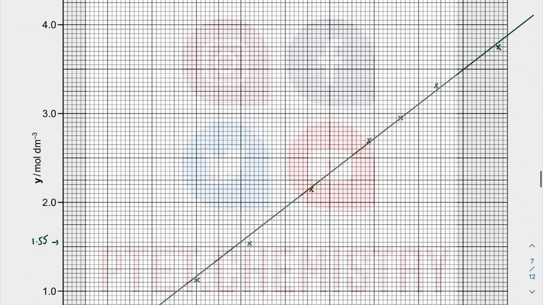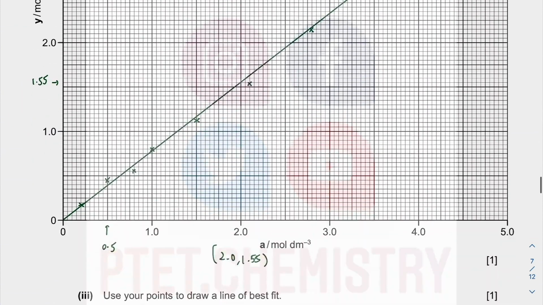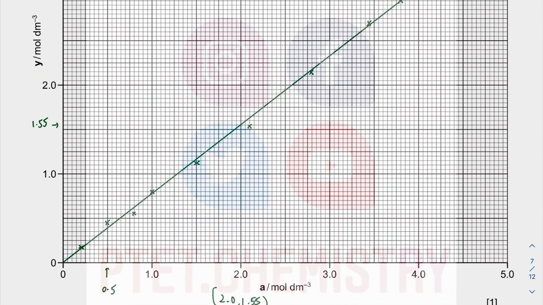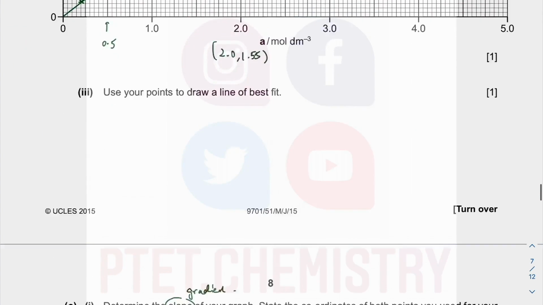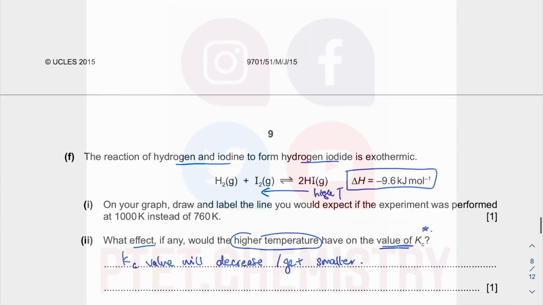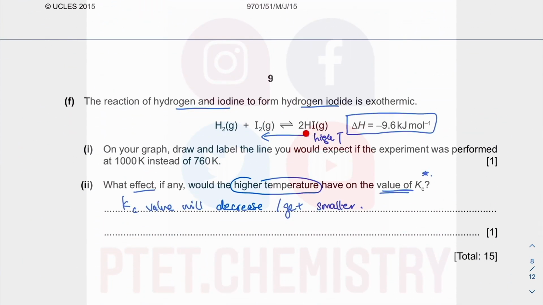So this is your product, this is your reactant. Not exactly, but this represents the concentration of the HI produced, and we are producing less HI, and we'll have a bit more of the reactants.